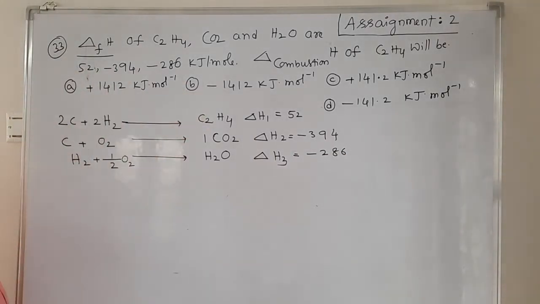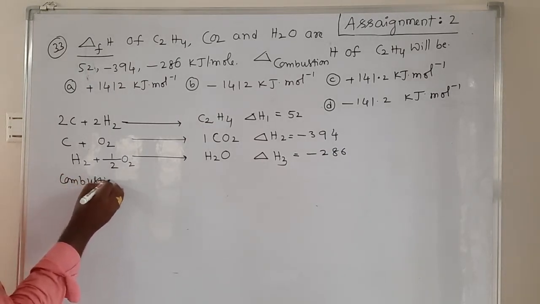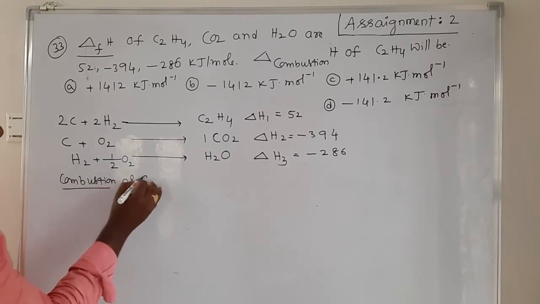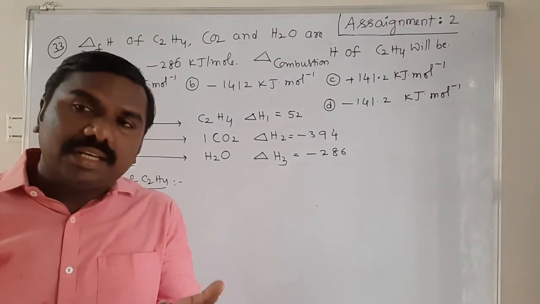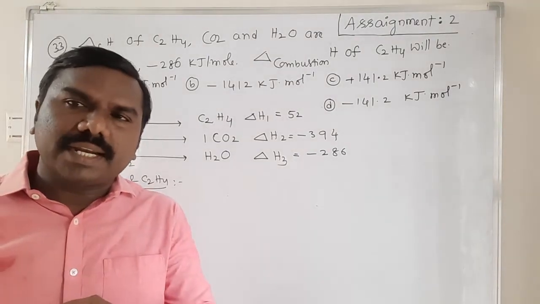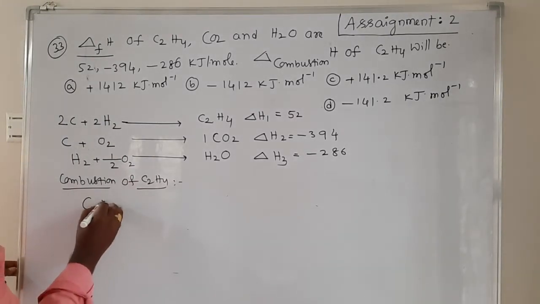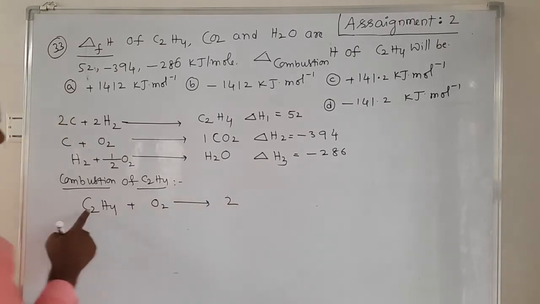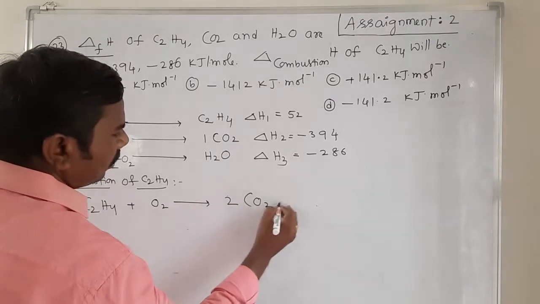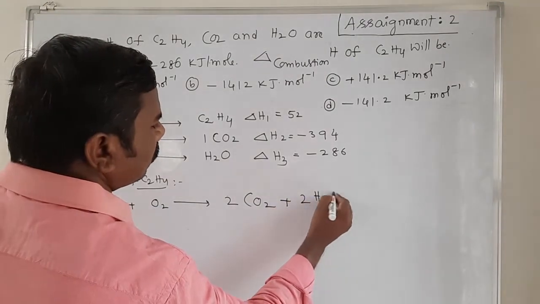Enthalpy of combustion is required for us. Combustion of C2H4. Combustion means it is heated with air, then forms carbon dioxide and water. C2H4 treated with oxygen, then 2 carbons are removed as 2CO2, and 4 hydrogens are removed as 2H2O.